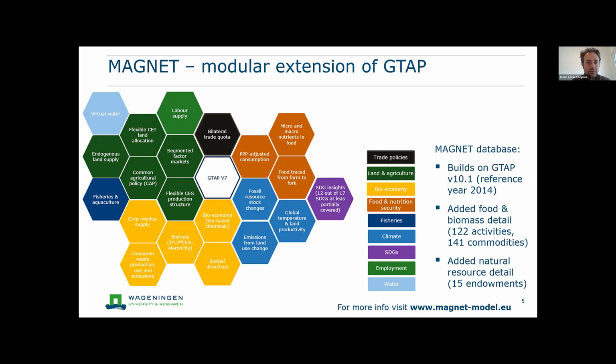The first thing about it is that it's set up in a modular structure, so we can add extensions to the standard GTAP in all sorts of different directions, and then pick and choose which of these extensions we would like to employ to examine a specific research question.